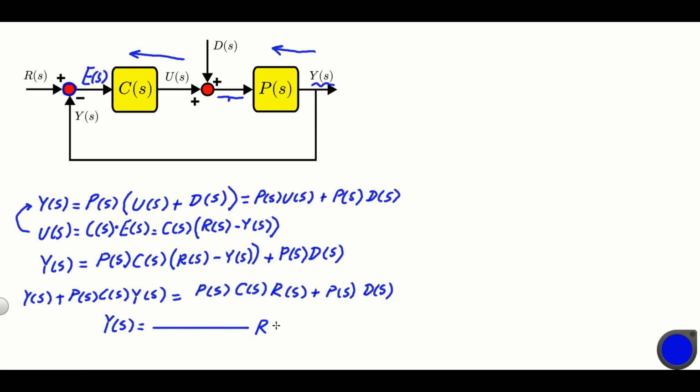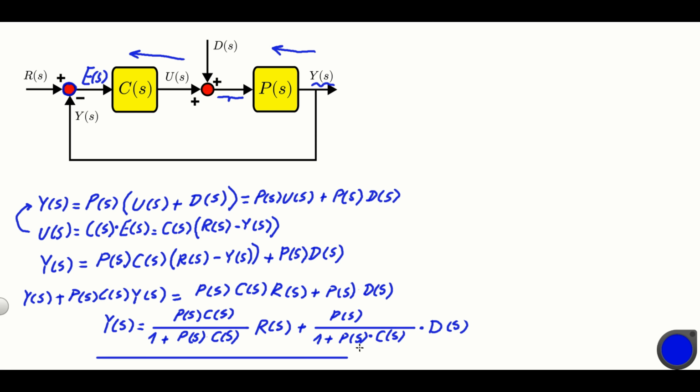Here we have R of S. Actually, in the numerator, we have P of S multiplying C of S. And in the denominator, we have 1 plus P of S multiplying C of S. Then over here, we will have P of S over 1 plus P of S multiplying C of S multiplying D of S. And that's it. This is our final expression.